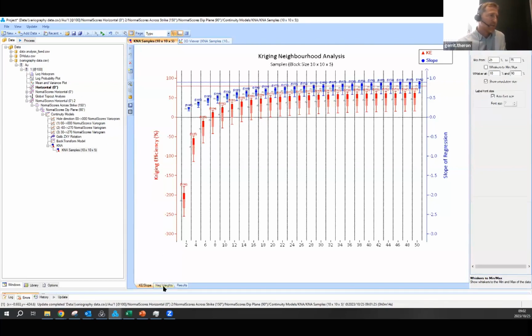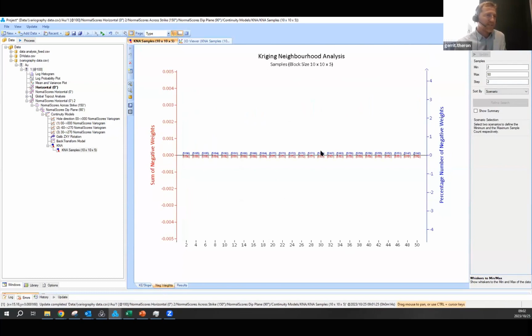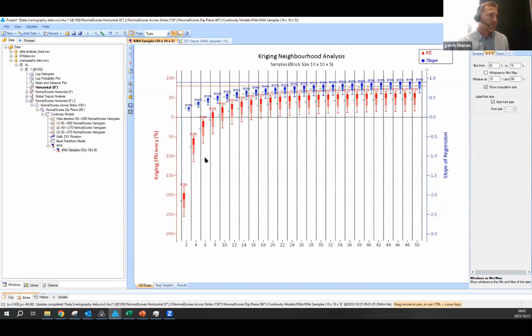So we can also look at the negative weights. In this example, there were no negative weights produced, but typically you will start to see negative weights if you have too many samples. And that's just because of the screening where the samples are behind each other. But we're not going to talk about that now.